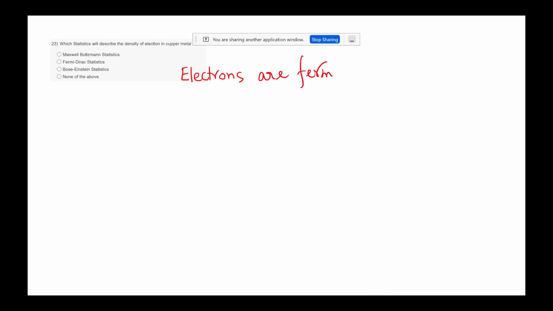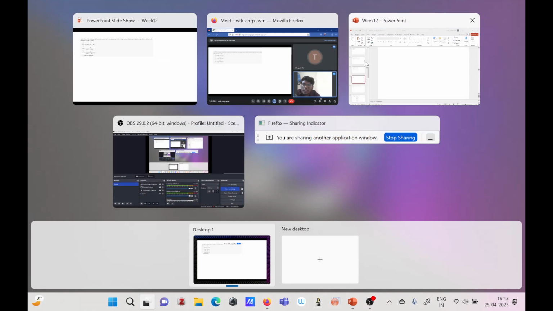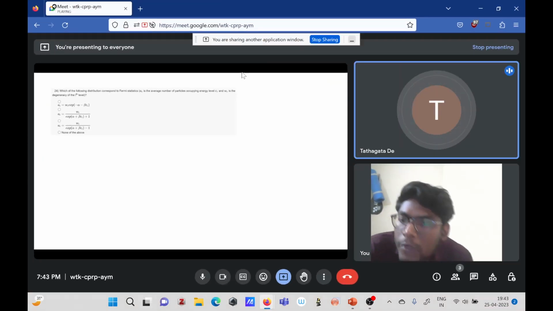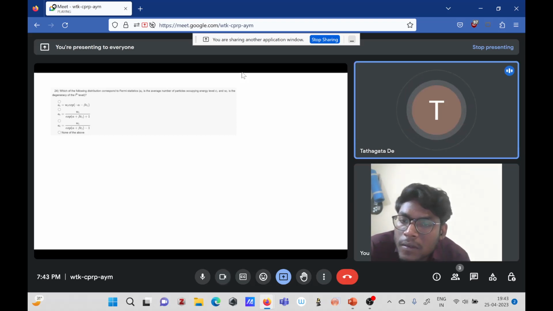Sorry, I mean with half integral spin. So these are fermions, with half integral spin. Yes, I have to be more specific. This is Fermi Dirac. This is also very easy, just a theory question. Which of the following statistics respond to the Fermi statistics?